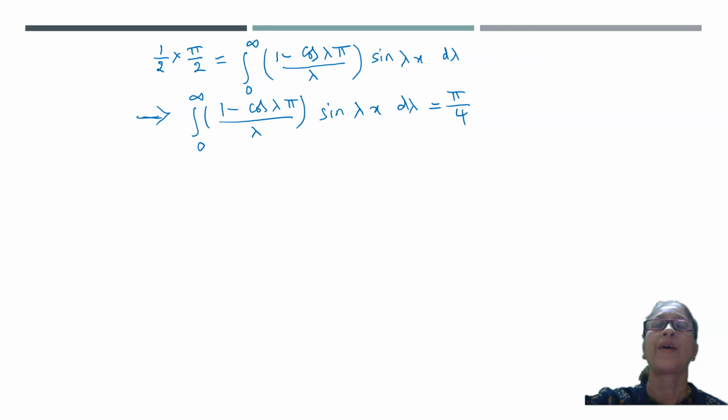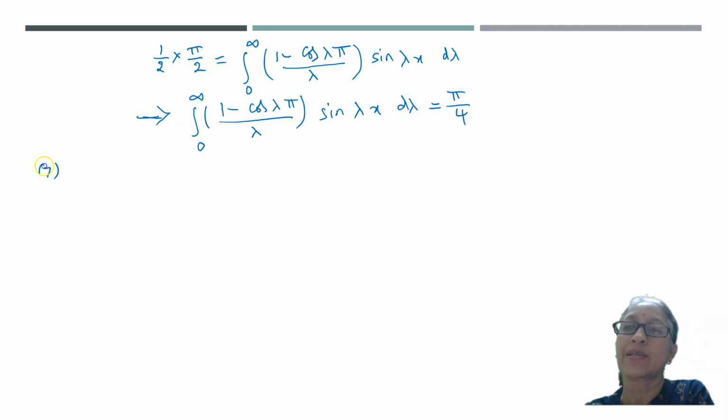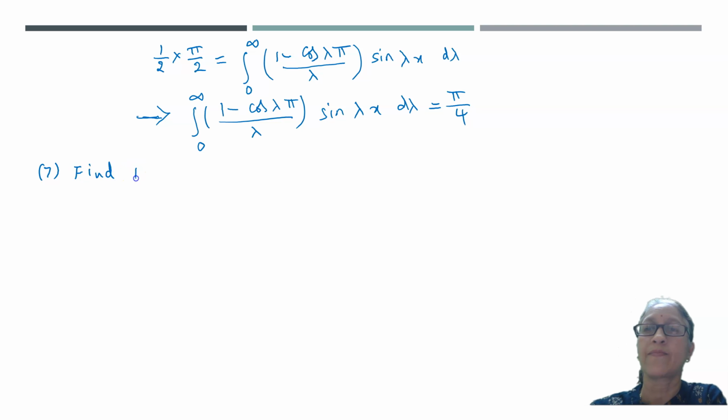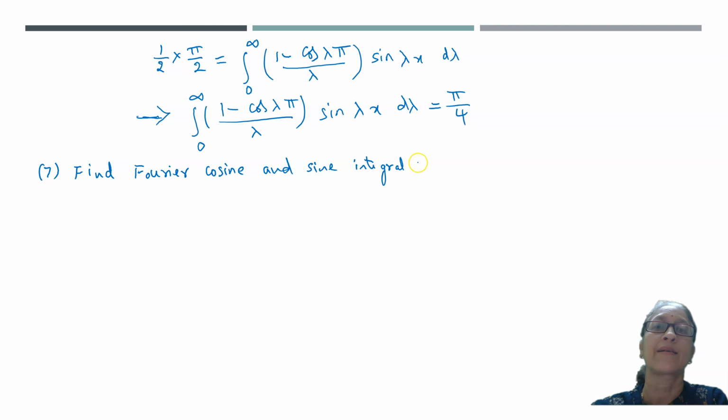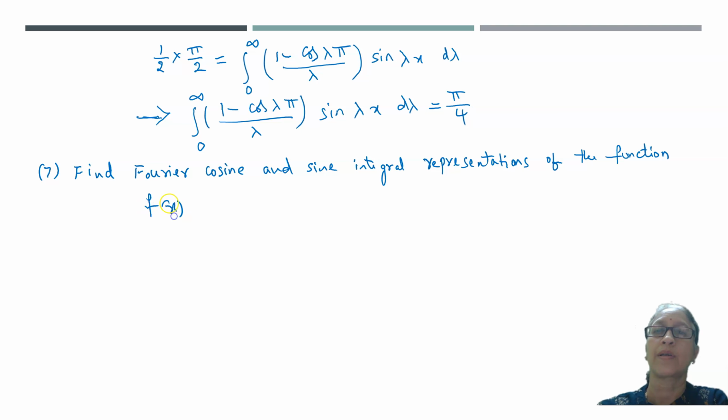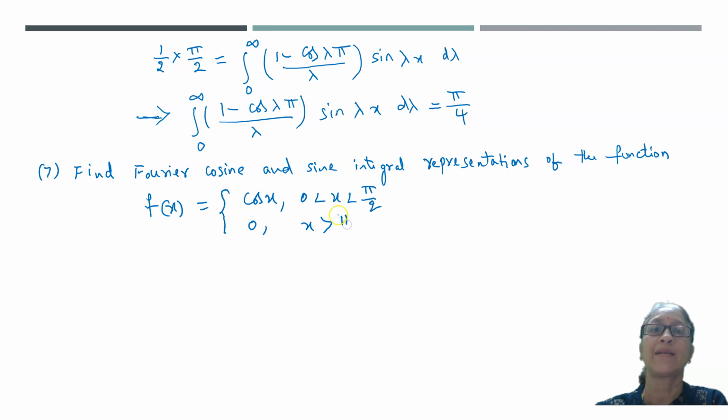The next question, the seventh question, is: find the Fourier cosine and sine integral representations of the function f(x) equals cos x in the interval 0 < x < π/2 and 0 when x is greater than π/2.